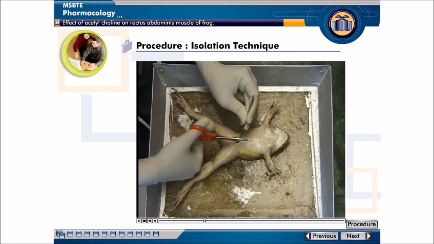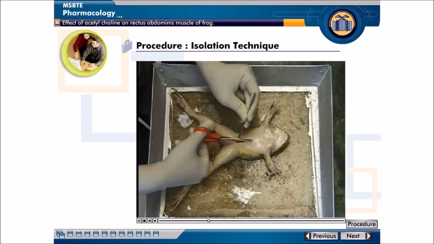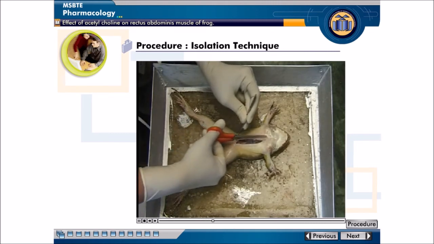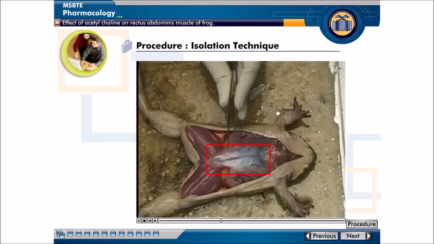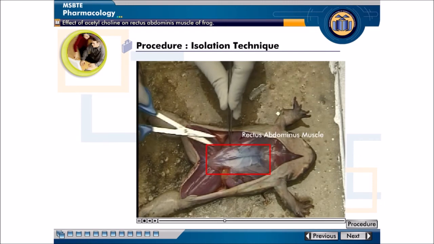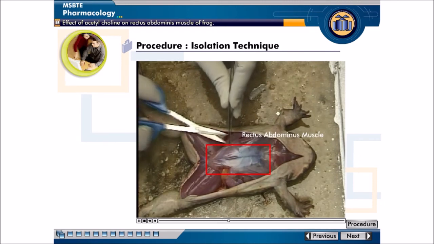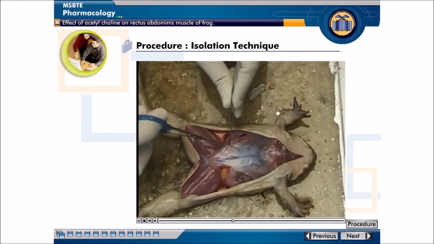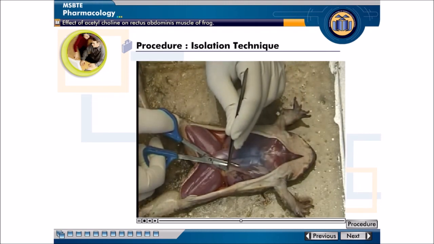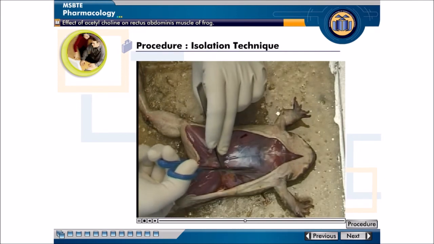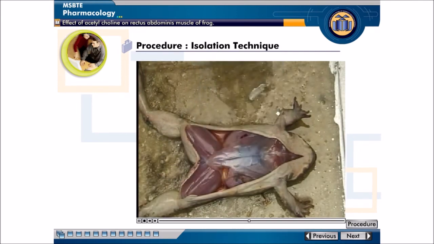Remove the abdominal skin to expose rectus abdominis muscle. To isolate rectus abdominis muscle preparation, take side cut on rectus muscle. One can prepare 2 muscle preparation from a single frog.